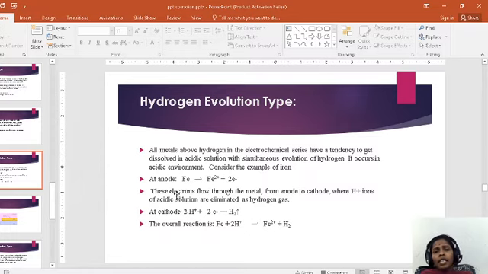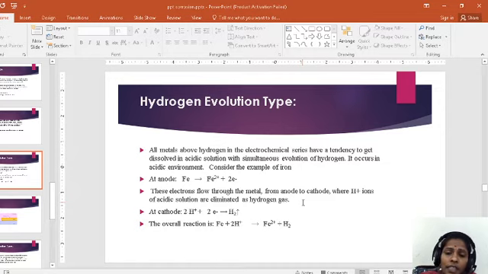First let us see the hydrogen evolution type. All metals above hydrogen in the electrochemical series have a tendency to dissolve in acidic solution with simultaneous evolution of hydrogen. So whatever metals are present in the electrochemical series above hydrogen, these all have the tendency to lose electrons and dissolve in the acidic solution.